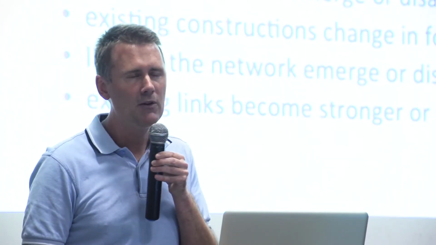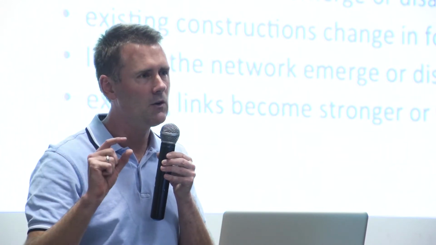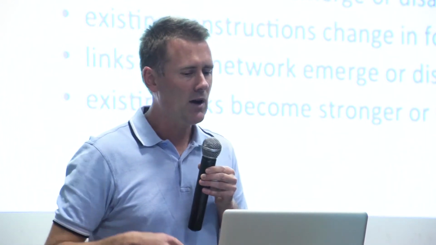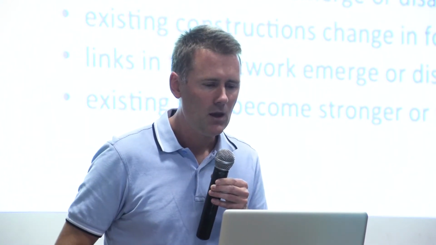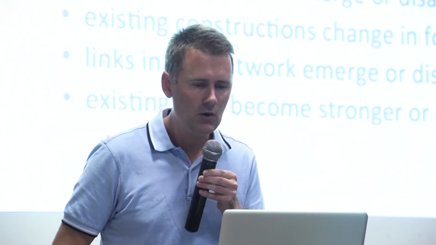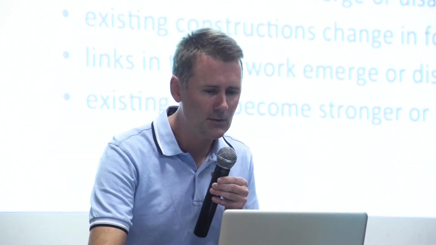Also, since we're talking about a network, there are not only things that can happen to the nodes in that network, but also things that happen to the connections between the nodes. So we might see links in the network emerging or disappearing, or we might see existing links becoming stronger or weaker. I want to say a few words about each of these items here.